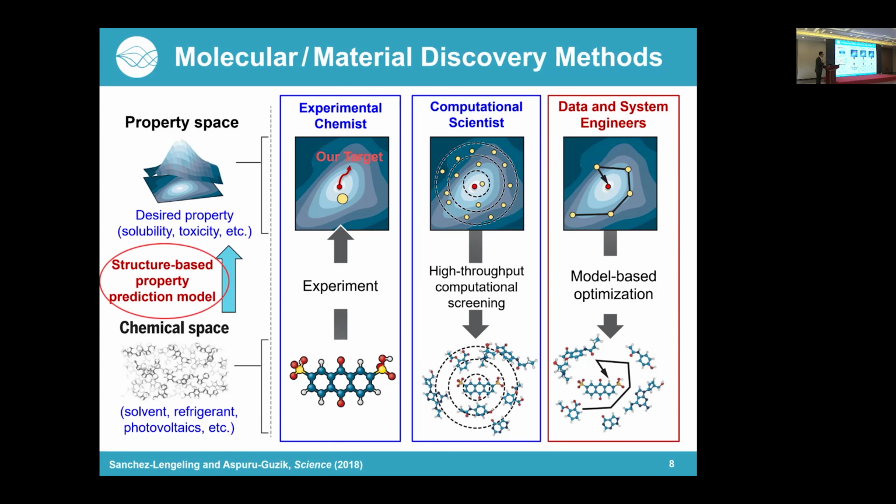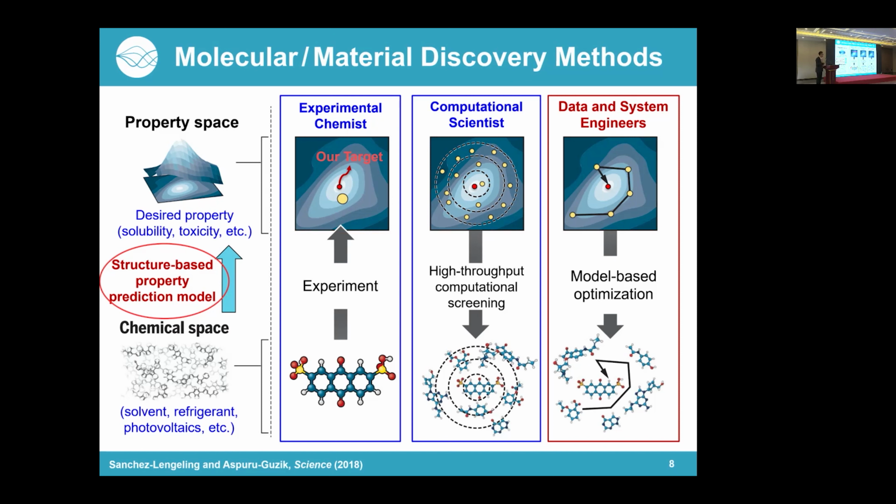As PSE, or process systems engineering, we use the third method, which I call the data or systems engineering method. You firstly build a mathematical model to predict the property based on the structure of your chemicals. Then, with this kind of structure-based property prediction model, you can do optimization. Then you can find your best or desirable molecules with a few iterations, or a gradient-based, or even other different kinds of optimization algorithm.